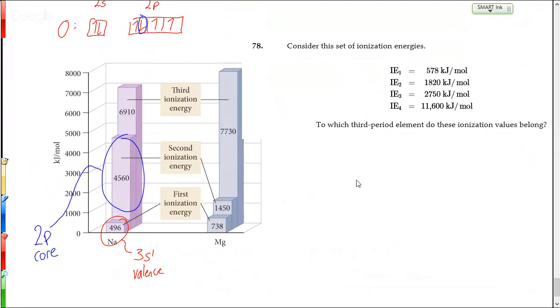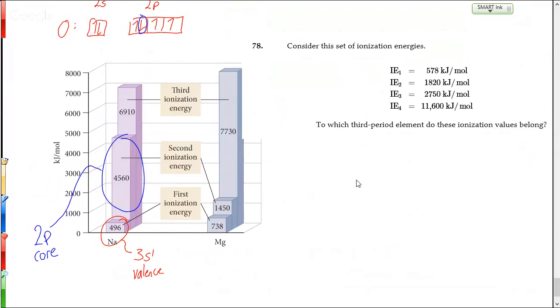So which element in the third period, that's the third row, has those ionization energies for first through fourth ionization? How can you tell? How can we think about this?